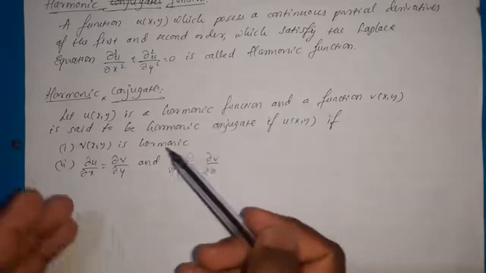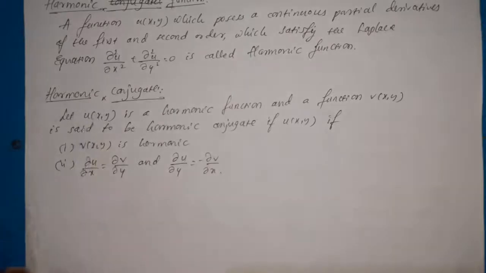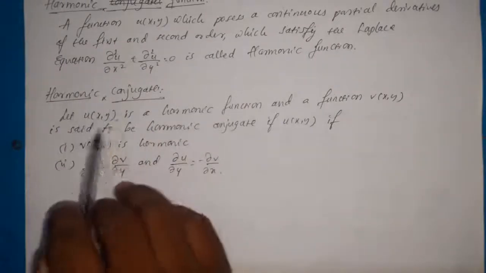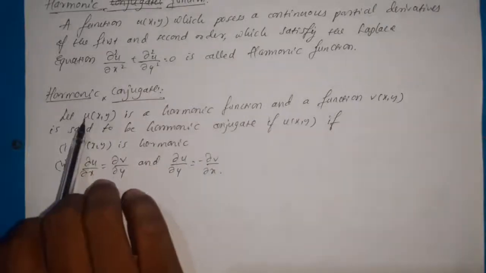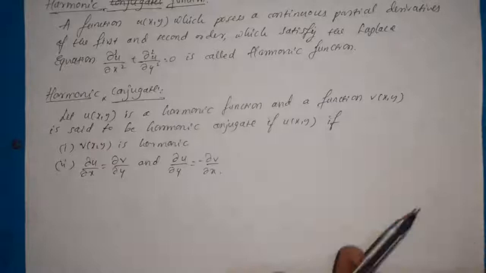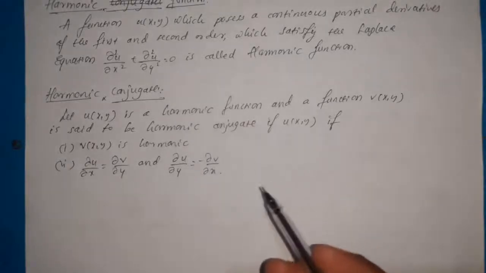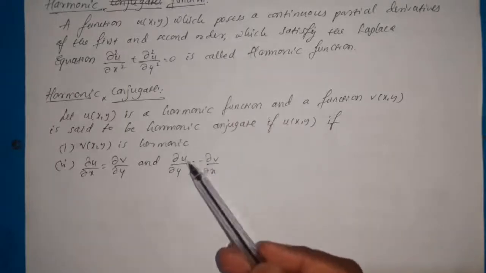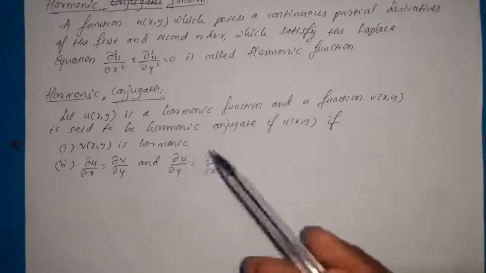So, the definition can be made for both functions; we can define the harmonic conjugate for u of x comma y or v of x comma y, depending on the considered function. If u is considered, then v is called the harmonic conjugate. If v is given, then u is called the harmonic conjugate. If these two conditions are satisfied, then only the two parts are called harmonic conjugates of each other.